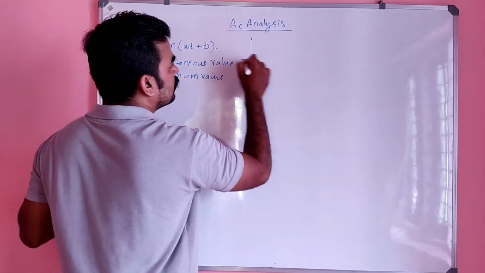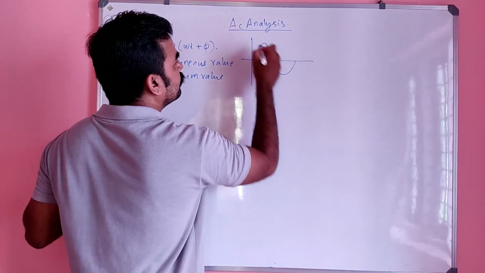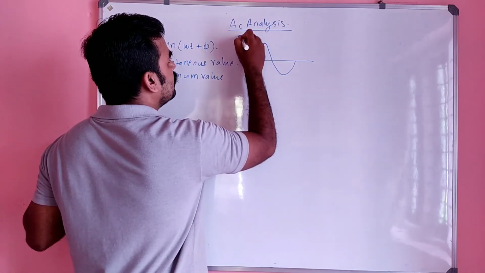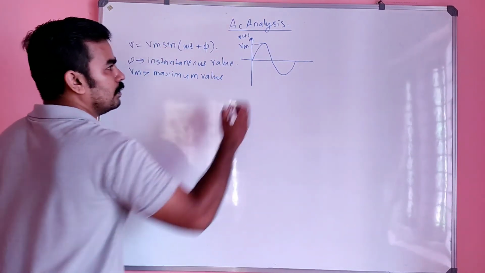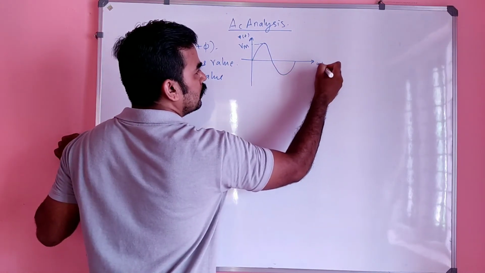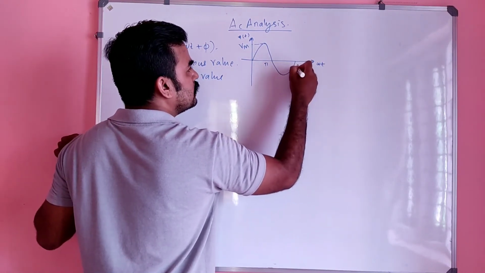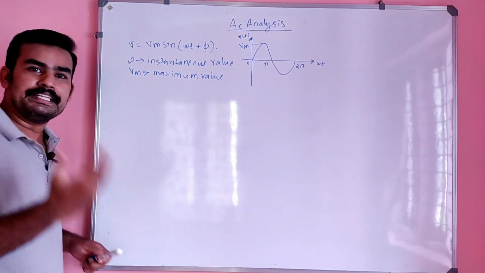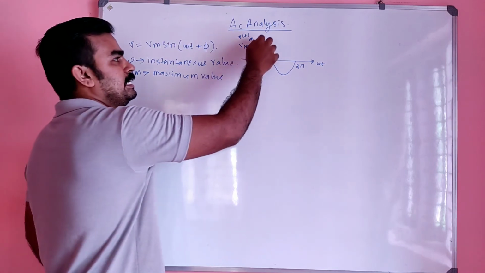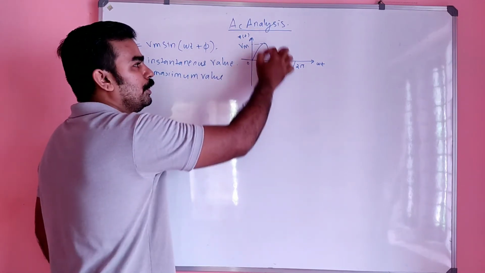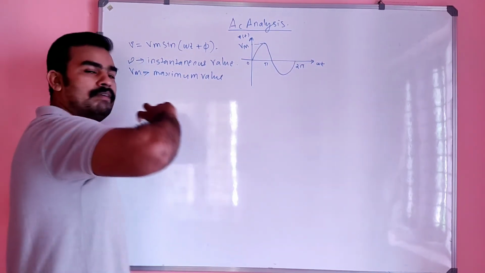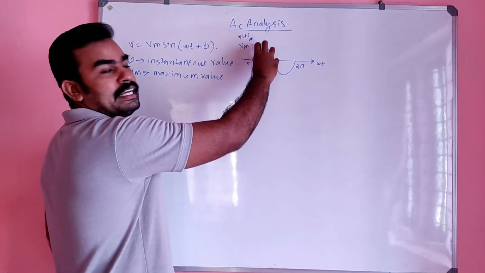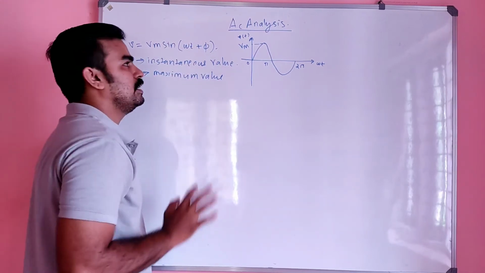If this is the waveform, this is Vm and this is V of t, and this is the omega t axis, and this is pi, and this is 2 pi. So this is the waveform of an alternating voltage, which changes every moment. That's why it's called alternating voltage. There is a positive half cycle and a negative half cycle also.